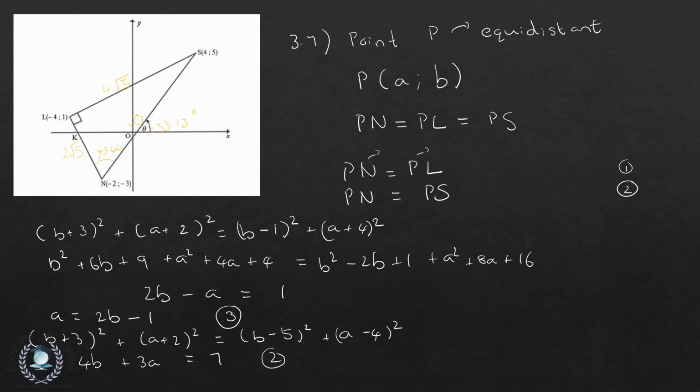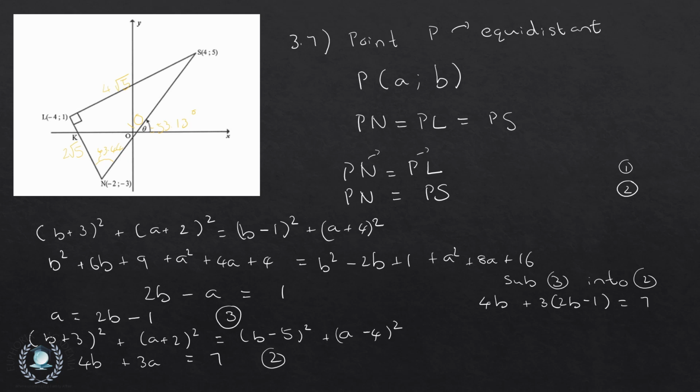Now we're going to substitute our equation 3 into 2. We're going to find that that is going to be 4b plus 3 multiplied by (2b minus 1), which is equal to 7.